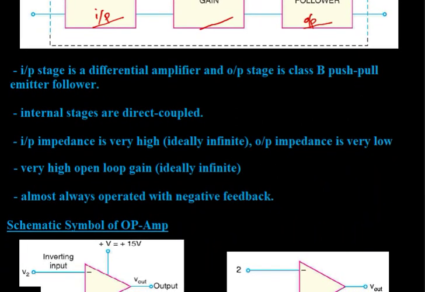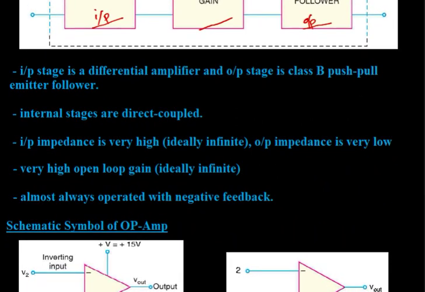Now, typically speaking, the input impedance is very high. Ideally speaking, it is taken to be infinite. That is one of the important features of an operational amplifier. Due to this reason, the current drawn from the source by the op-amp is 0.